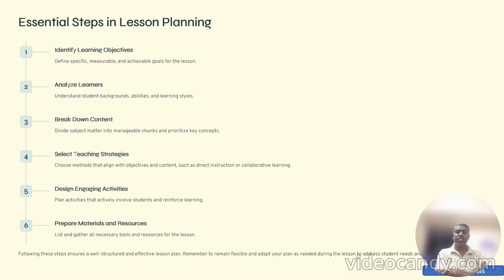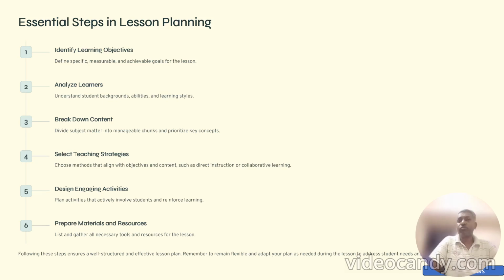The next one is preparing materials and resources. That is another step of preparing a lesson plan. What are all the materials we need to utilize for our teaching? For example, in the case of physical resources, we have to prepare charts, models and worksheets during our classroom teaching to make an effective teaching situation among our students.